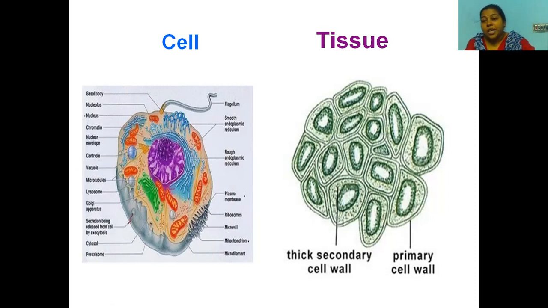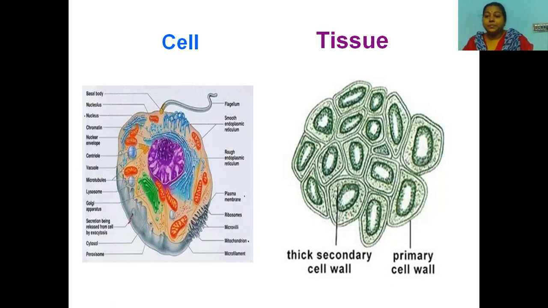Tissues become organized to form an organ. Again, these organs finally organize to form an organ system. Finally, we get the complete organism. Tissue decreases the workload of individual cells. This formation of tissue means sharing of work among the different cells, so obviously it decreases the workload of individual cells.